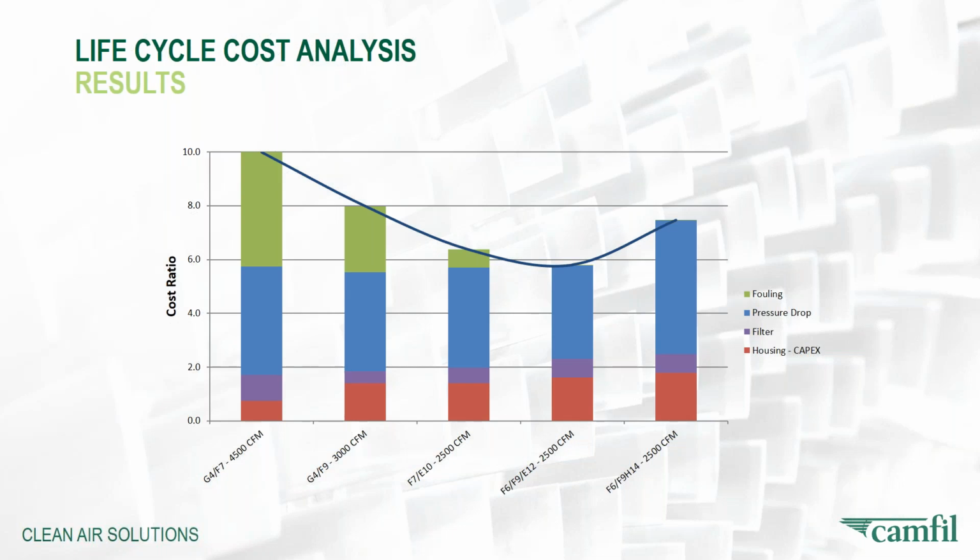So the takeaway from this slide is that the optimum solution for this site was a very high efficient filter, but it wasn't the maximum efficient filter that was available. When we're driving toward the optimum selection for you using a tool such as this, we find out frequently that it's not always the highest efficiency filter that's going to be the best selection for your site.